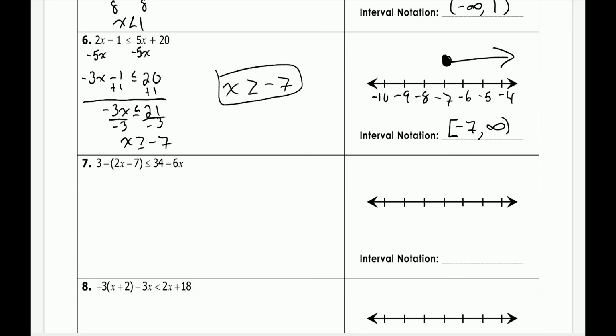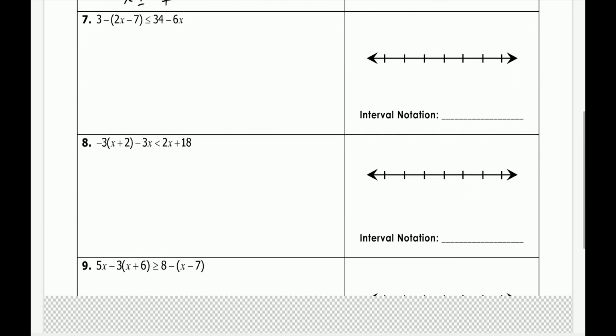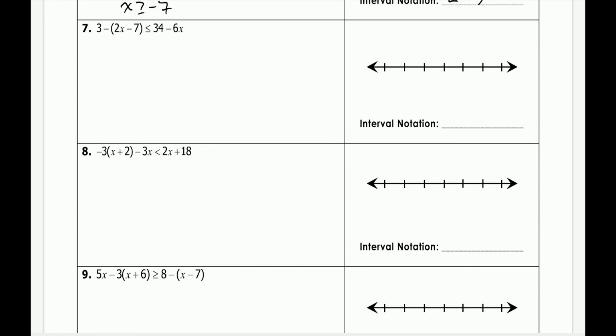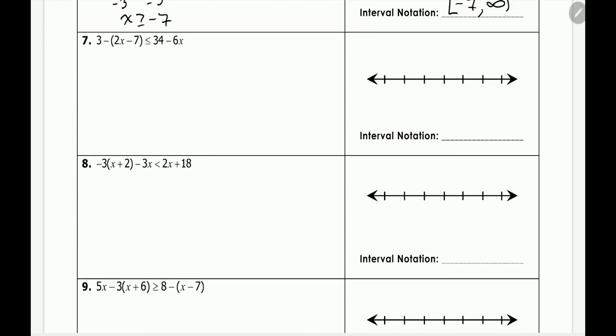Let's take a look at number 7. So we have 3 minus the quantity 2x minus 7 is less than or equal to 34 minus 6x. So in order to solve this, we have to distribute first, so distribute this negative.